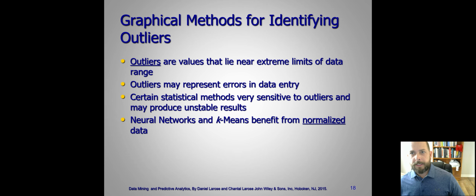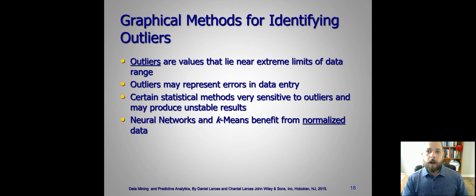When we're looking at data sets, especially large data sets, we want to identify some outliers. Oftentimes, outliers can be really unique and help identify some really unique inferences about our data set. But these are values that lie near the extreme limits of our data range, and oftentimes they can represent errors in our data as well.